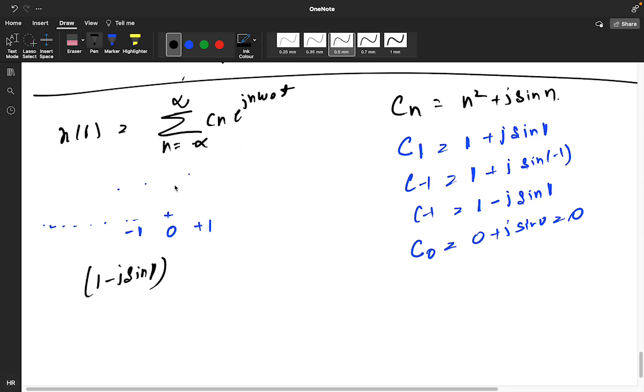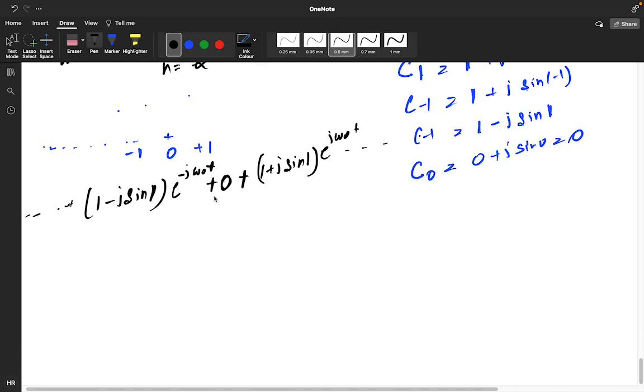And because this is at minus 1, n will become minus 1, so e power minus j omega naught t. Minus 1 value is done. Then 0 was coming. Then again 1 we had substituted, so we got 1 plus j sine 1, and the value was e power j omega naught t. The rest of the values we are not putting, plus 2, minus 2. We are just taking for this.